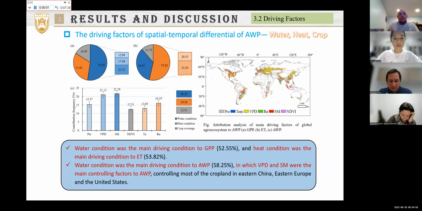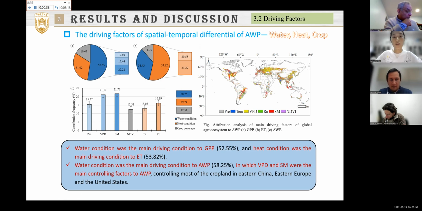As we mentioned, the water, heat, and crop conditions are commonly accepted as the key factors affecting the change of AWP. Based on the attribution analysis of main driving factors to GPP, ET, and AWP, we found that the water condition was the main driving condition to GPP and AWP, with 53% and 58% of area controlled respectively.